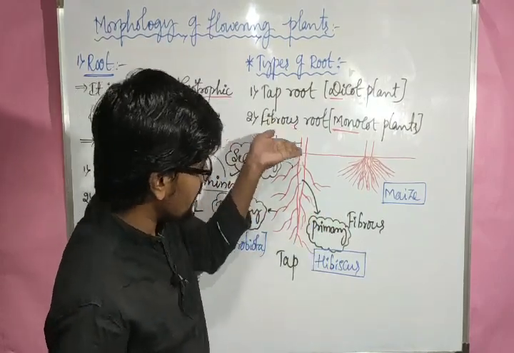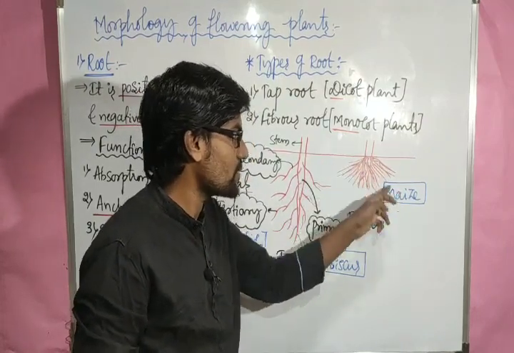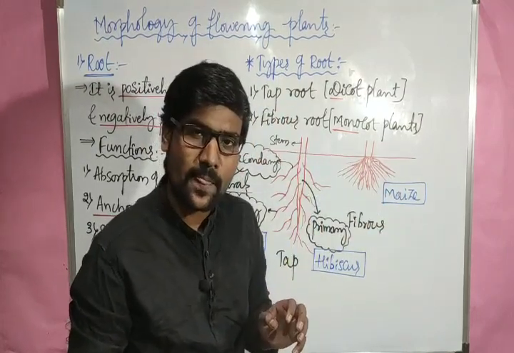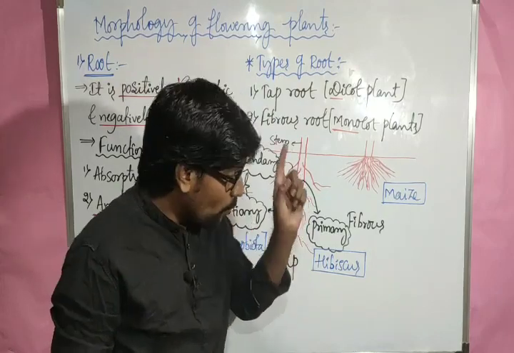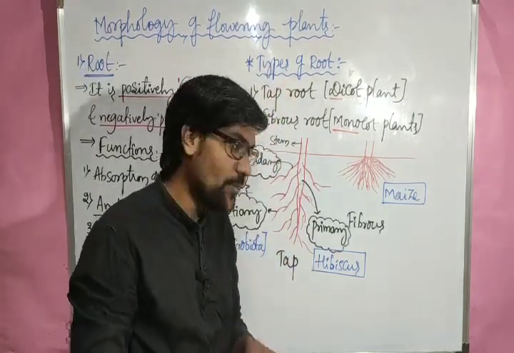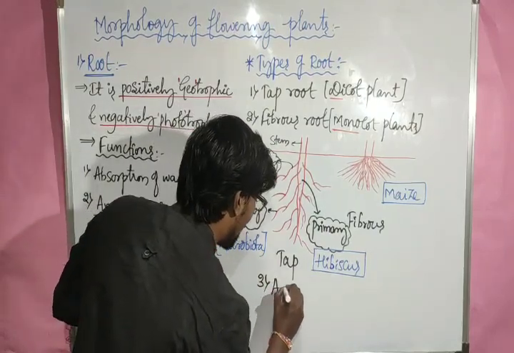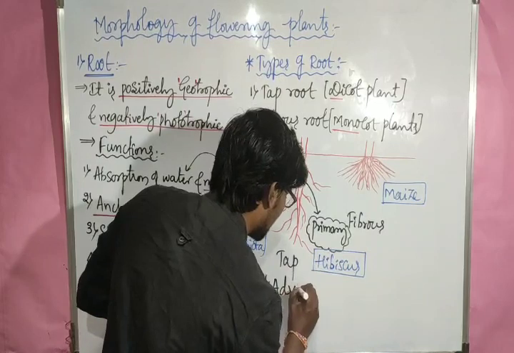In case of hibiscus, we can see this kind of root system. So in case of this one, we can observe the fibrous root system here. Apart from the taproot and fibrous root, one more root is there, one more special root, that is adventitious root.